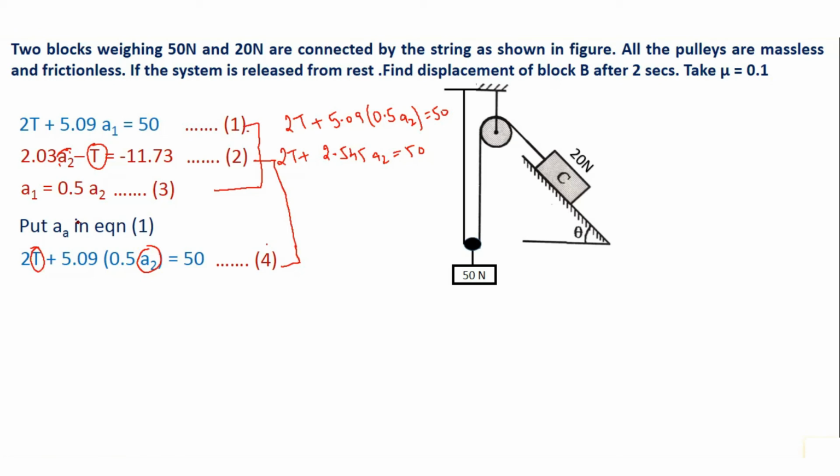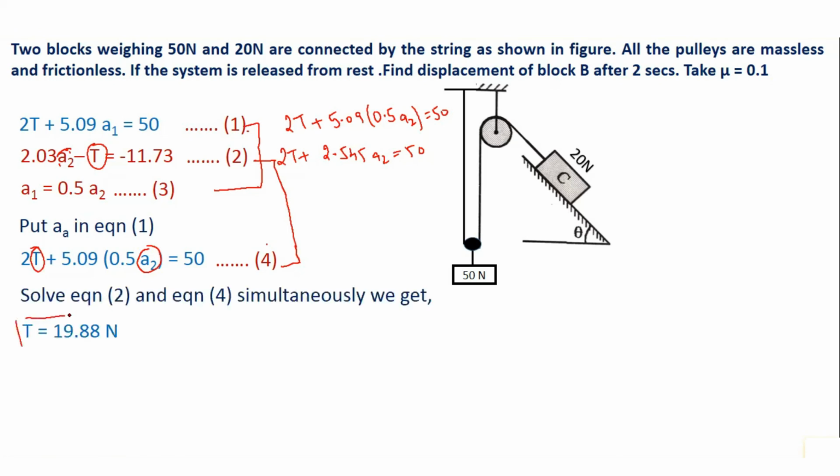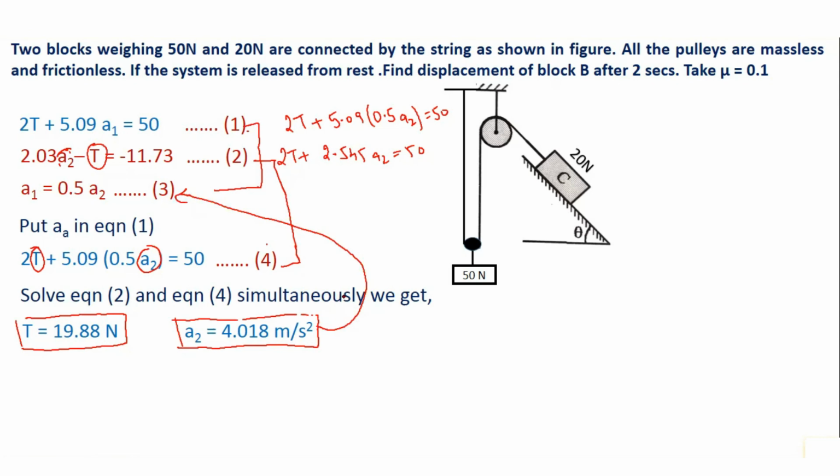And on solving simultaneously equation 2 and 4, I will get answer for T as 19.88 newtons, whereas answer for a2 as 4.018 meter per second square. Now you can substitute this value a2 in this equation 3 and get the answer for a1 as 2.009 meter per second square.